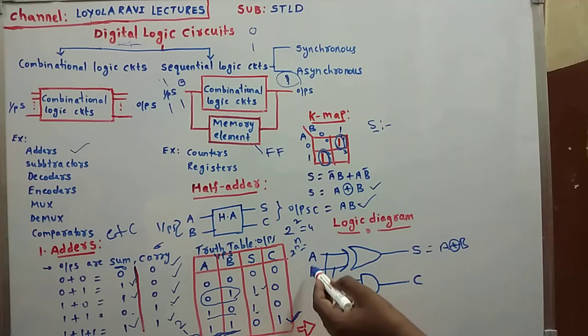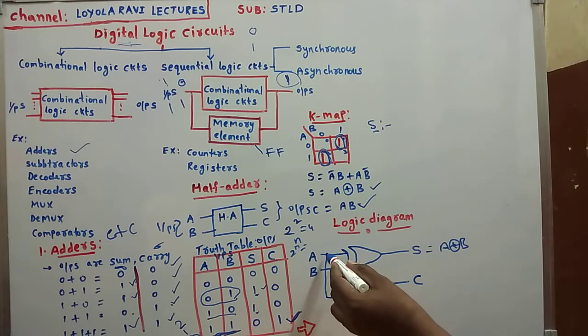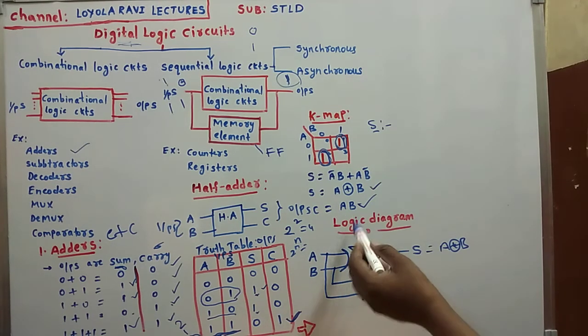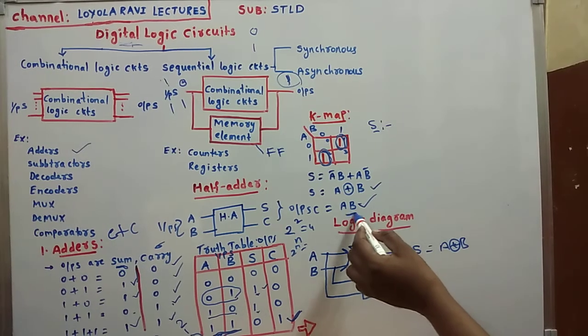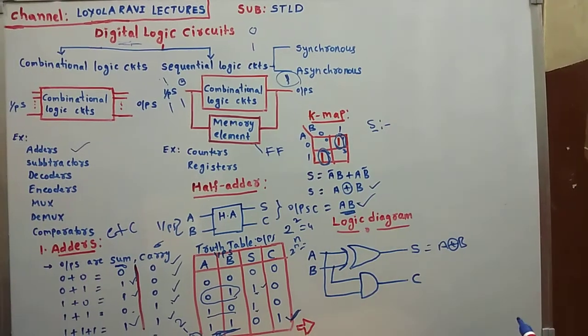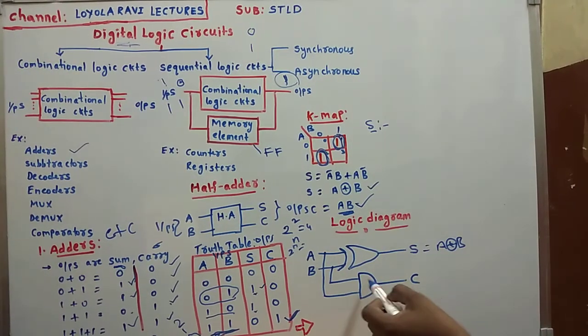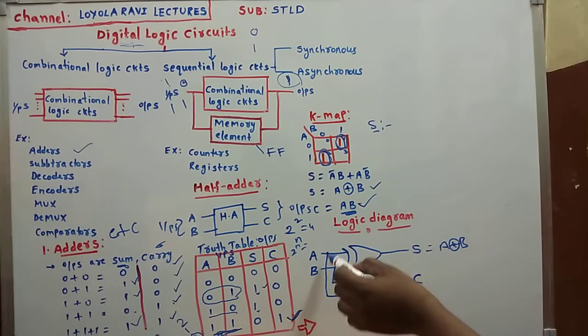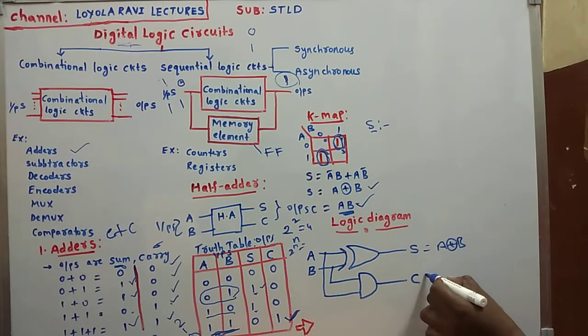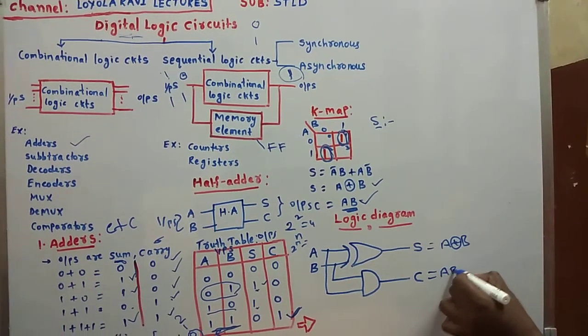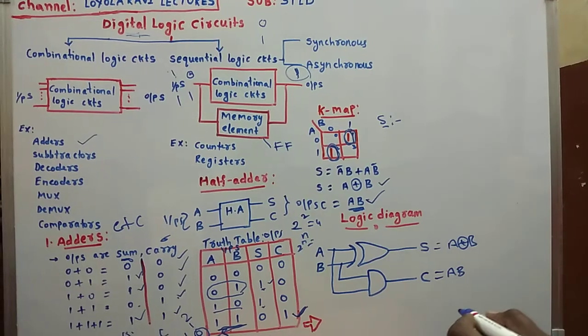No need to take inputs again. You can take inputs from here only. And AB is nothing but an AND gate. Carry expression is AB, so we need an AND gate. Take an AND gate, connect A and B here. Then the corresponding output is carry. Carry is AB. This is half adder.